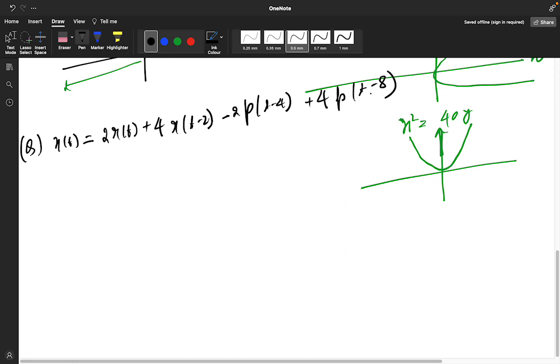You need to find the value of x of t at t equals 6.